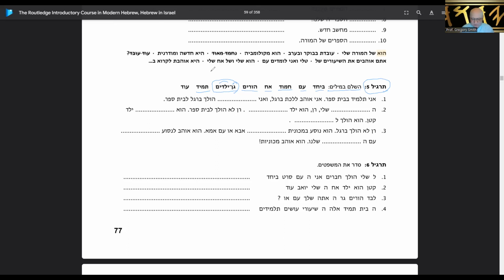Okay, and then Tamid. I think that Tamid was like a pupil or a student. No. Tamid means always. Okay, right. I was thinking of Talmid, but Tamid simply means always. Okay, and then Od. I think that Od is like more.